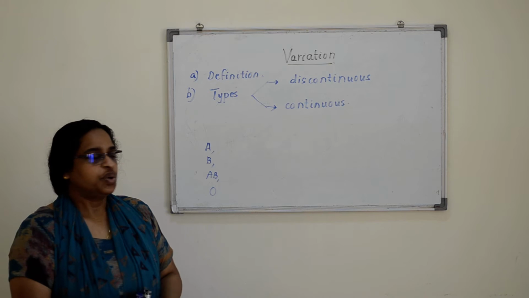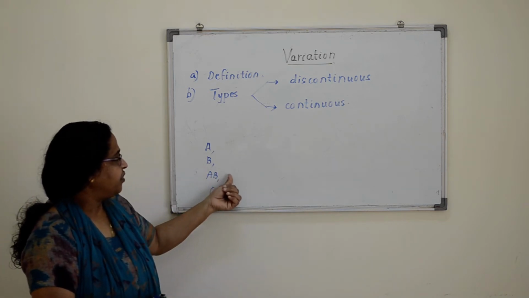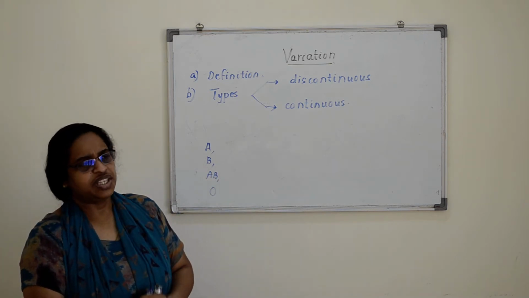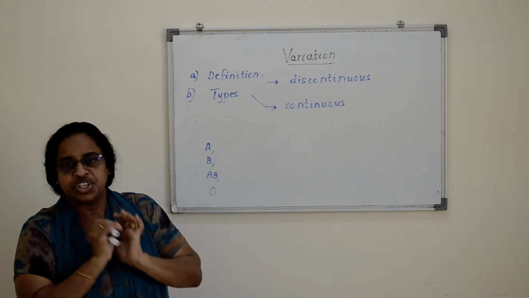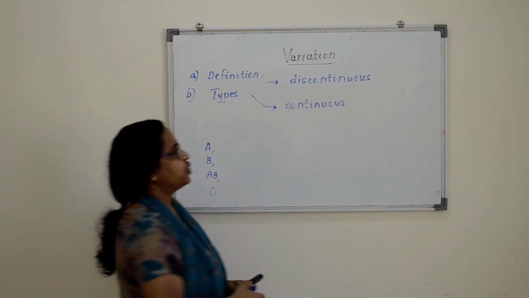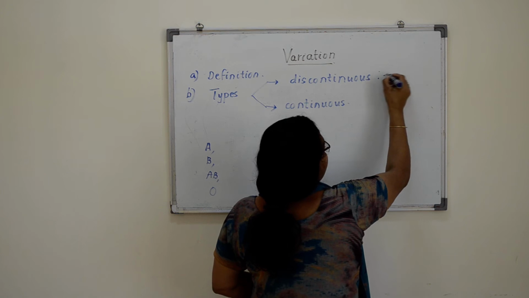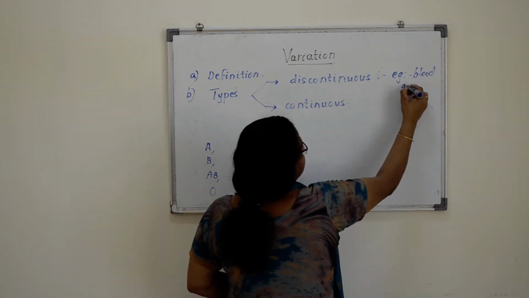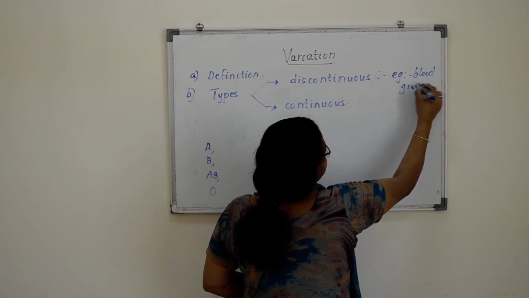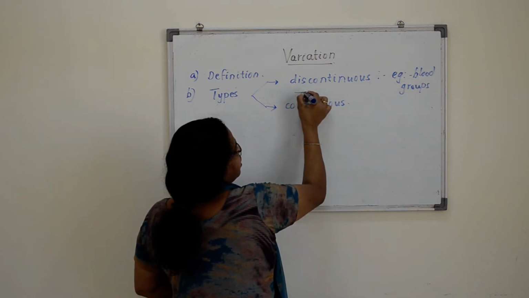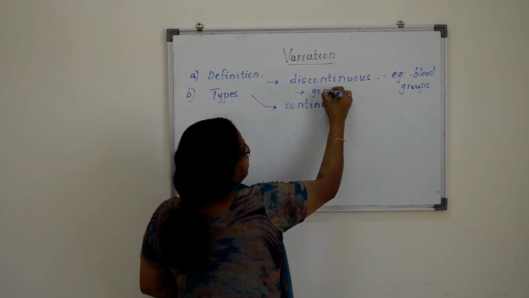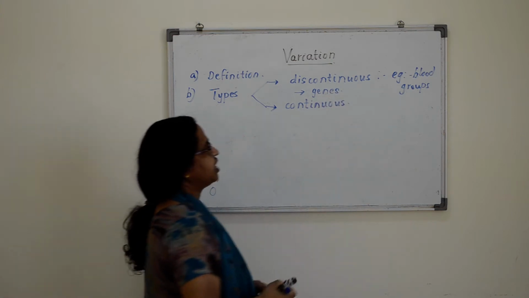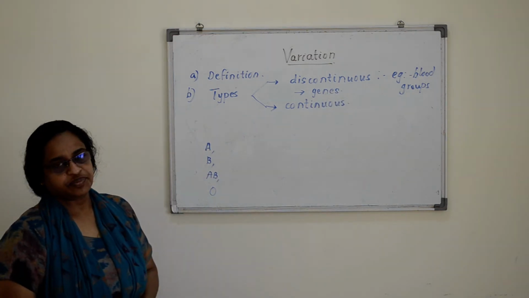So all of them have different genotypes, and there are only a limited number of genotypes. So discontinuous variation, example blood group, and the cause is genetic reasons, because of the difference in genes.